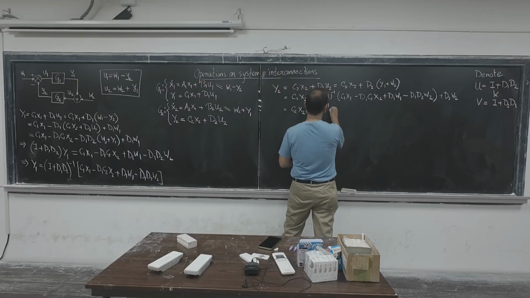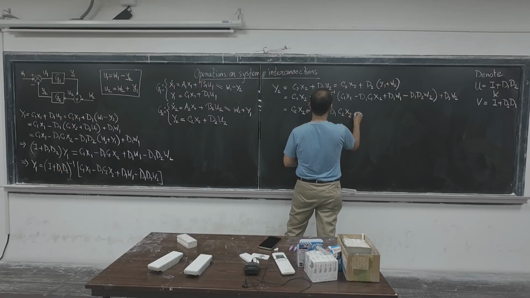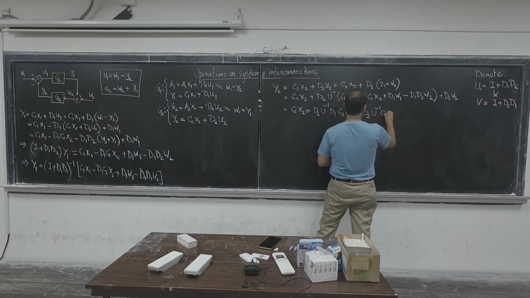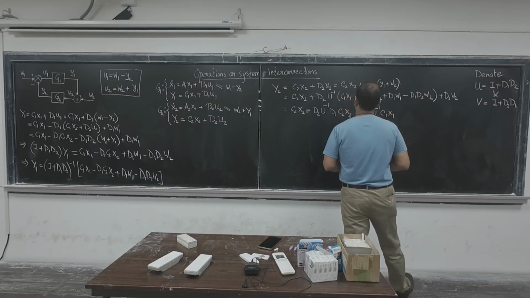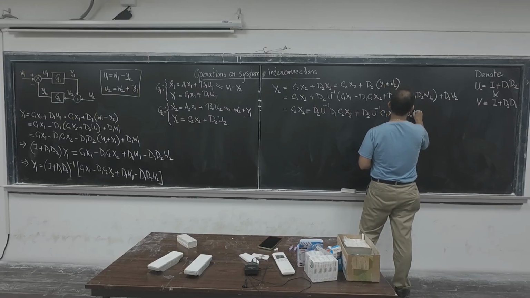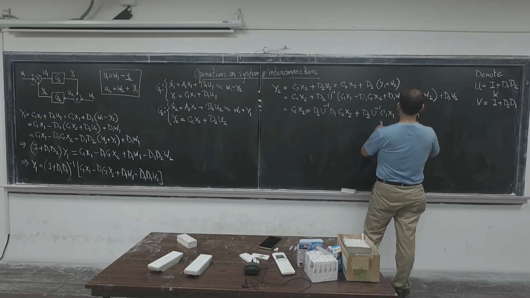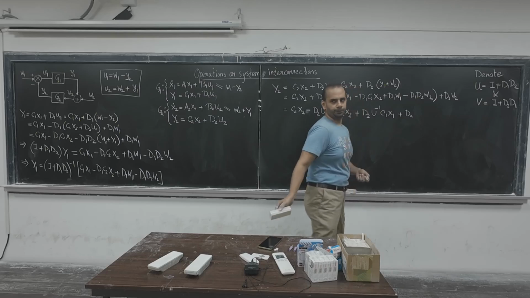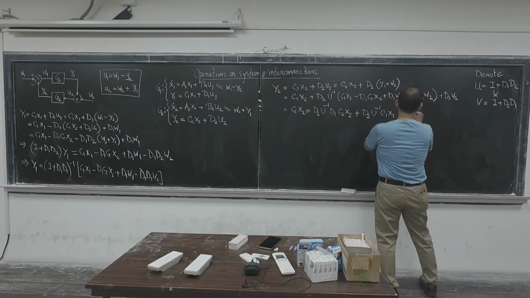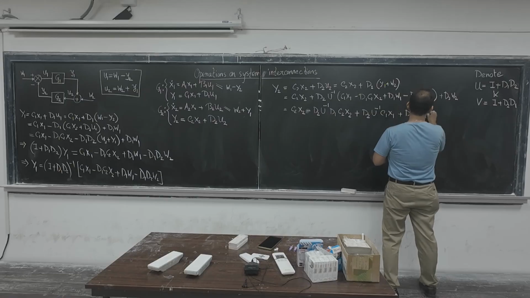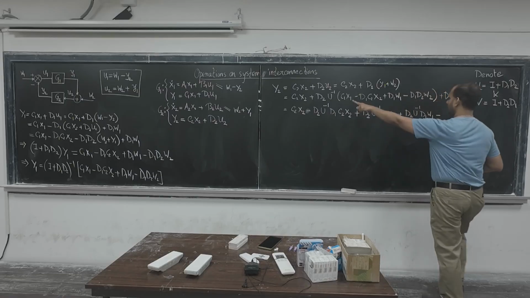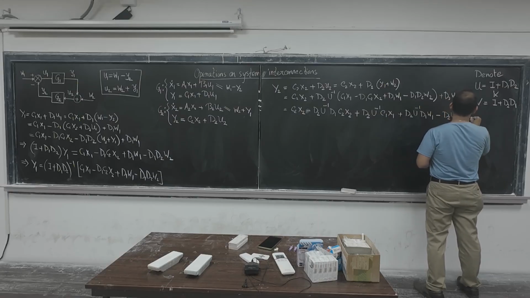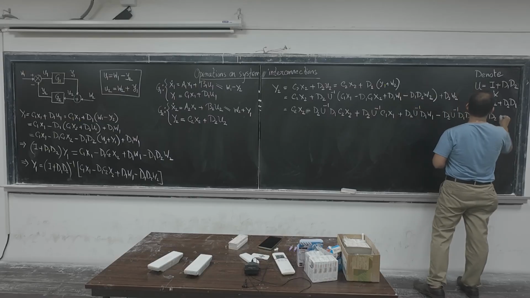D2 U inverse D1 C2 x2, plus you have the x1 term, D2 U inverse C1 x1, plus D2 U inverse D1 W1, minus D2 U inverse D1 D2 W2, plus D2 W2.